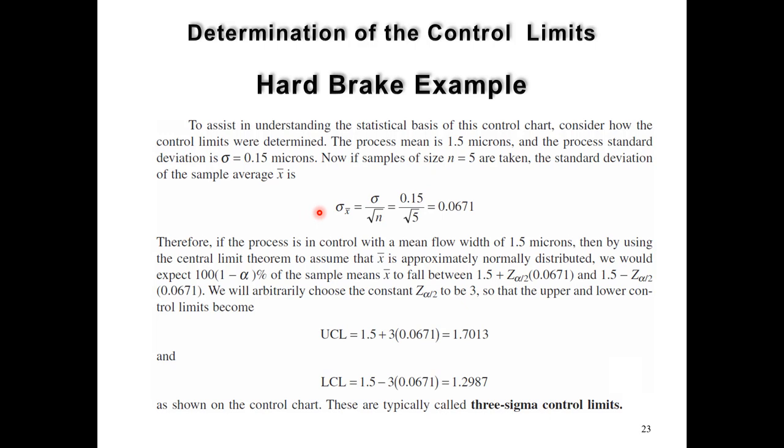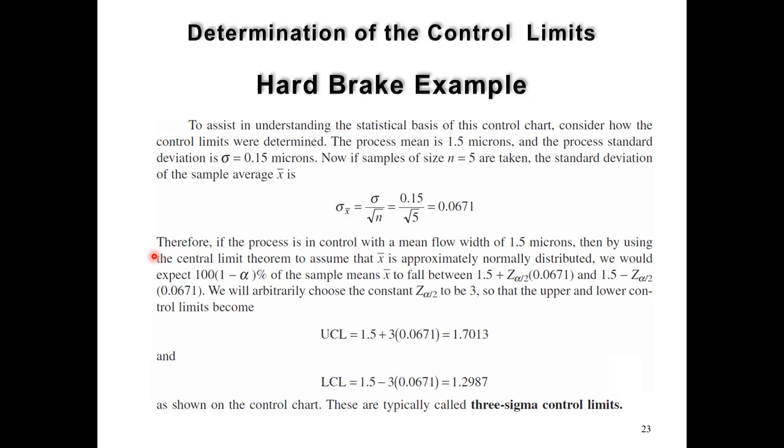For a sampling distribution, the standard deviation of the sample mean equals the standard error. The formula is the population standard deviation divided by square root of n. This is your n here, which is equal to 5. So you have computed here the standard error.